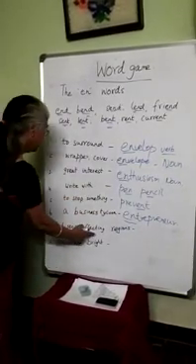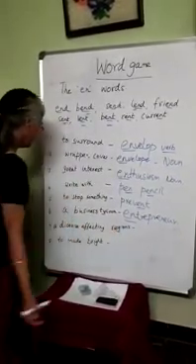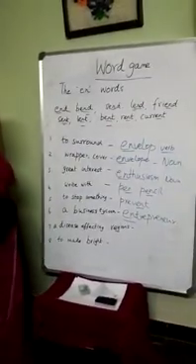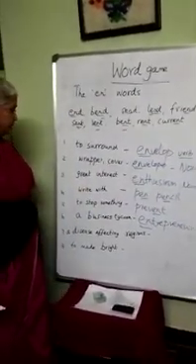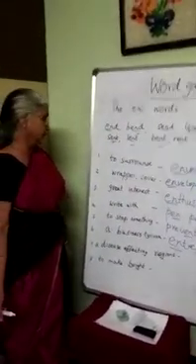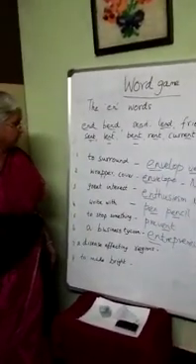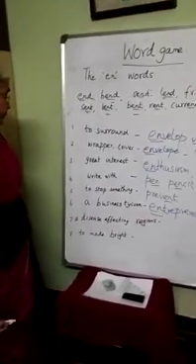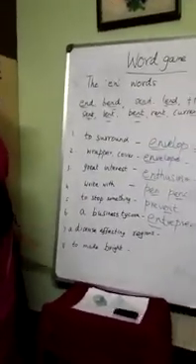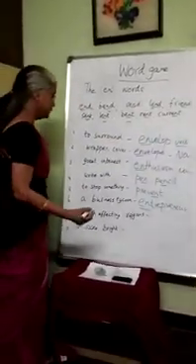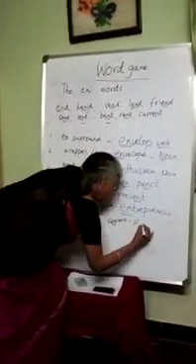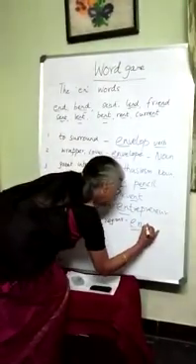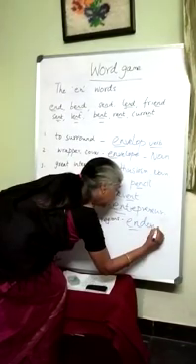A disease affecting regions. A disease that comes in certain places, in certain areas, in certain regions. Diseases like cholera, malaria, typhoid, plague, are all known as endemic. Endemic diseases.